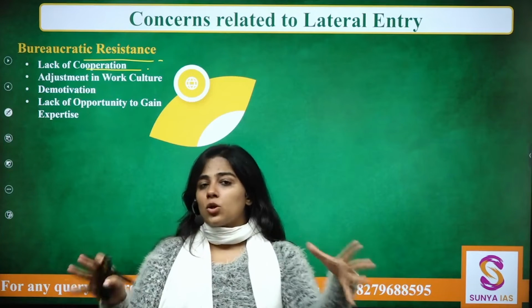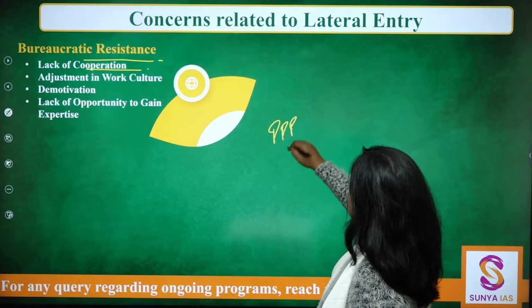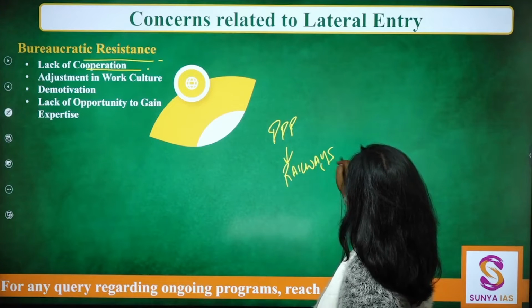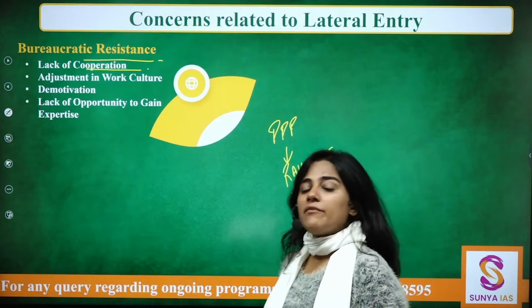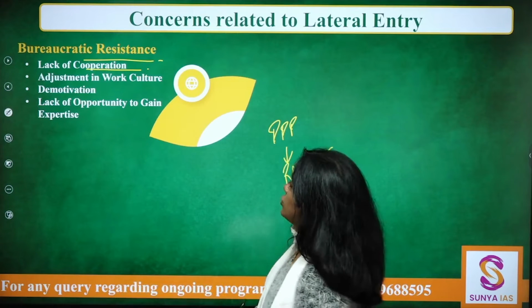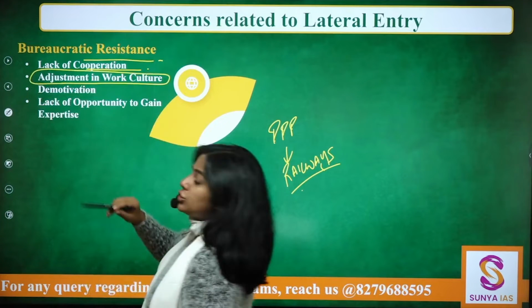There is no such concept because there is no competition in the government. That is why we are going for PPP models. Even in railways now, we are promoting the semi-private model. Some trains are being run by the private sector. So the adjustment in work culture is actually difficult for the people who are coming.